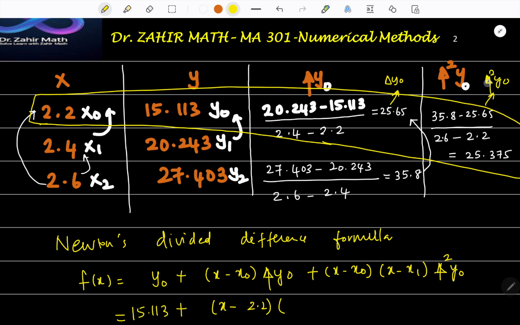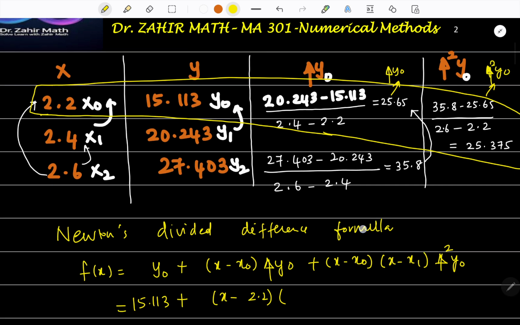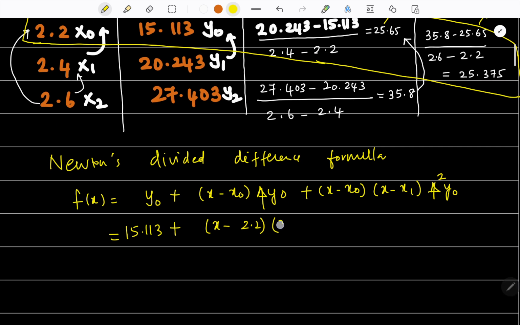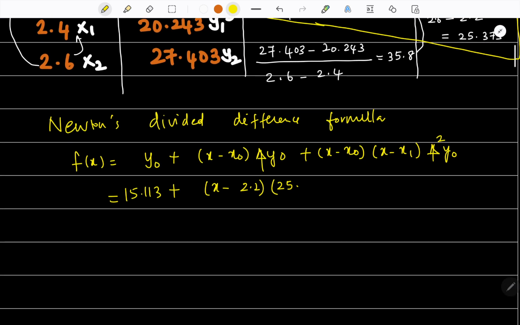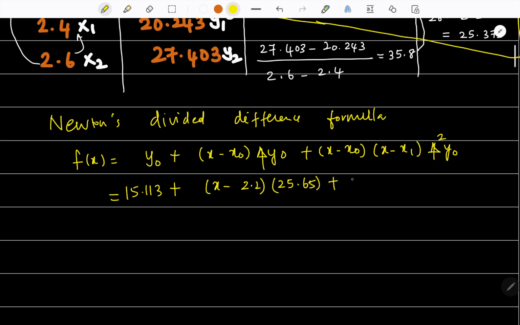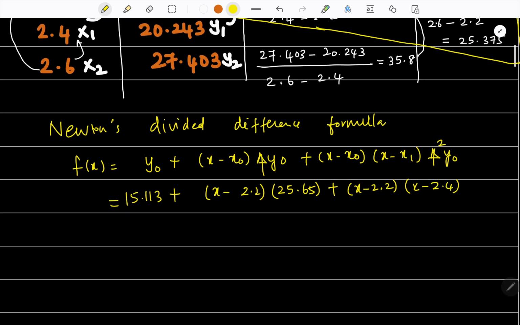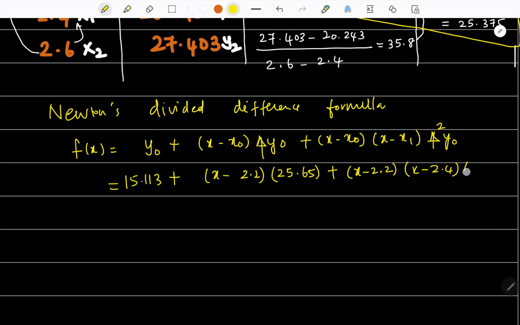Just make a line in the center of the delta, since this is an unequal interval. 2.2, and then del y naught is 25.65, and then plus x minus 2.2, x minus x1 is 2.4, and del square y naught is 25.375.